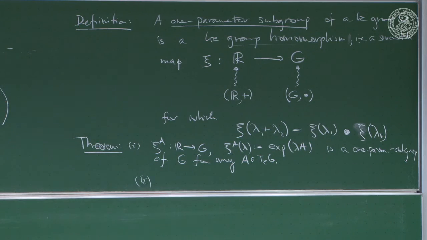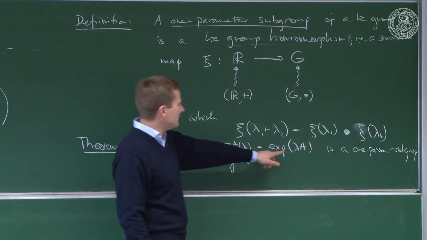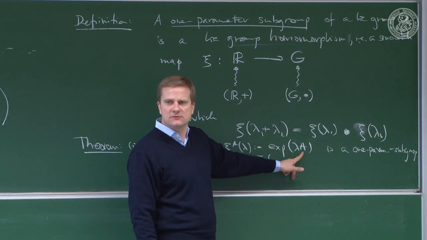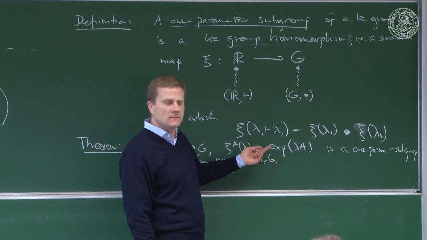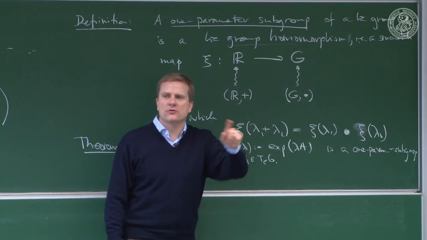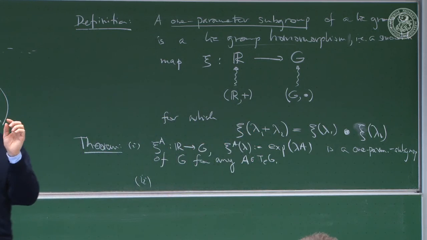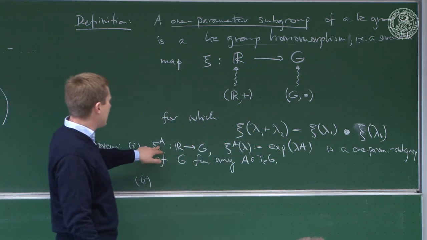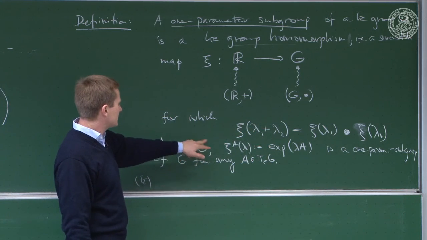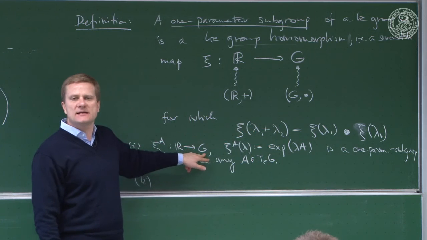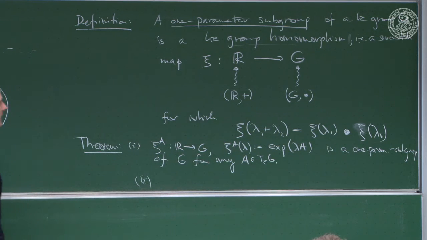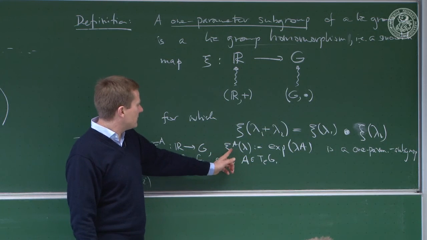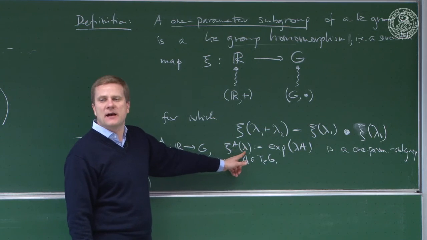It's not so spectacular. Because you see, in particular, if lambda is 0, you have exp of 0. Exp of 0 yields you the identity. Okay. So you always go through the identity. So the points you cover, so Xi A of all of R is a subset of G, contains the identity, and indeed you also always have the inverse element, because obviously the inverse element of Xi A of lambda is Xi A of minus lambda.